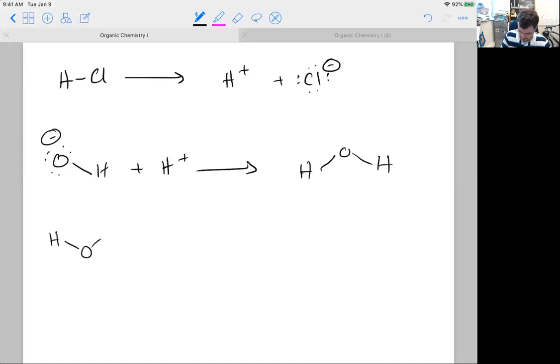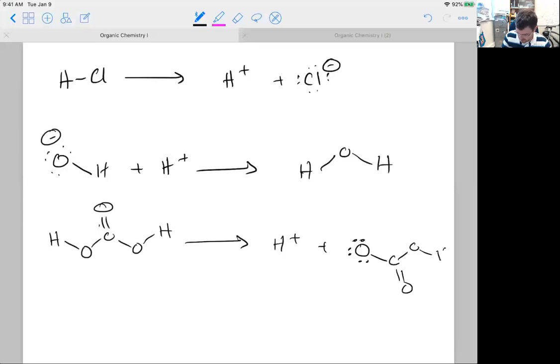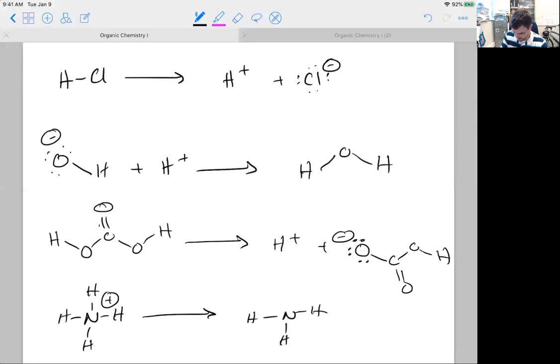Say we've got this molecule reacting to give H+ plus this molecule, and then let's say we've got ammonium reacting to give this molecule plus H+.